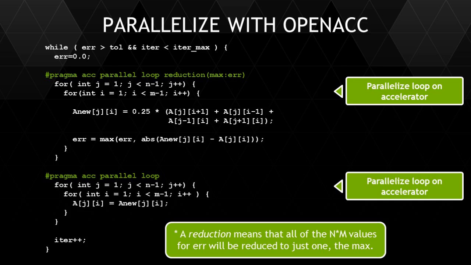So similar goals, syntactically different, and I think for many users it will come down to personal preference of which meets your coding style better. For Fortran and C programmers, OpenACC fits very well. For some C++ programmers, their coding style is better addressed using something like Thrust, but OpenACC is also available to them.